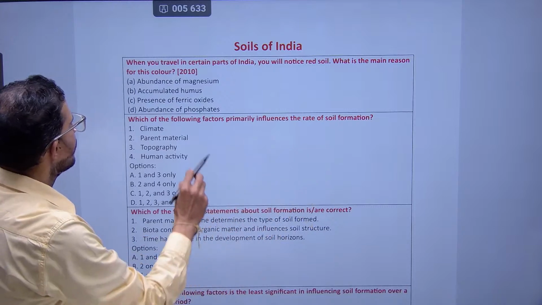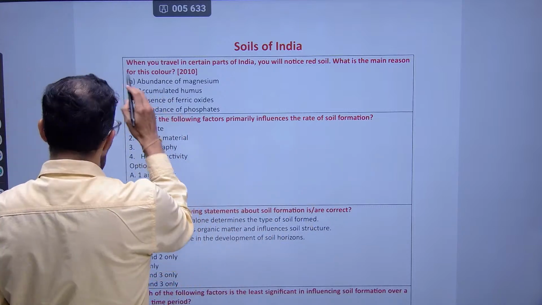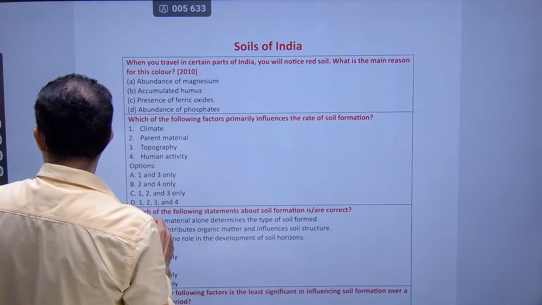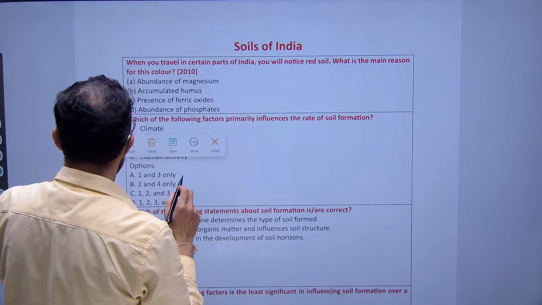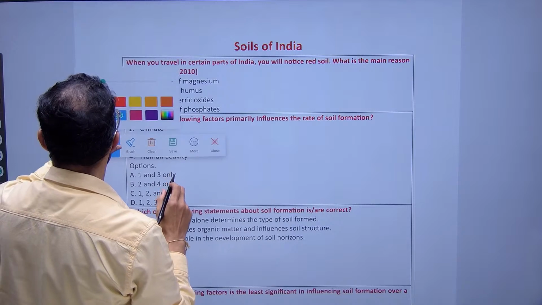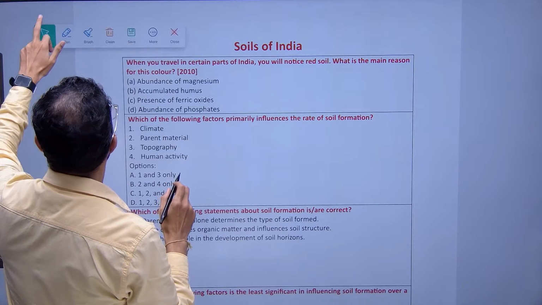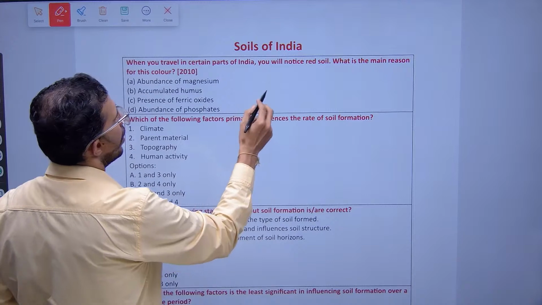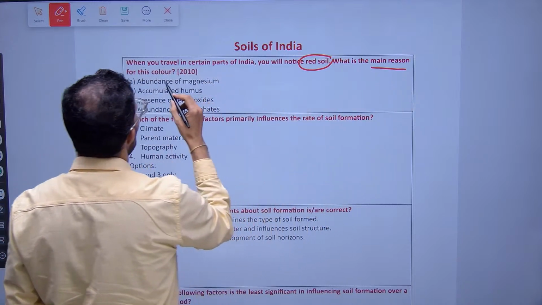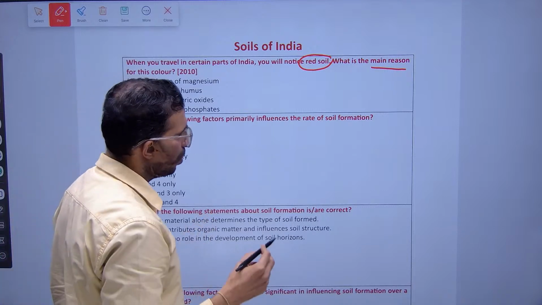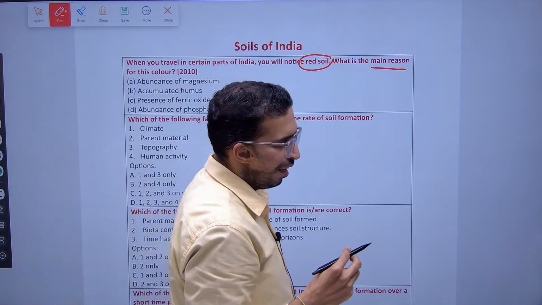The first question: when you travel in certain parts of India, you will notice red soil. What is the main reason for this color or this formation? So we are going to study the types of soil.